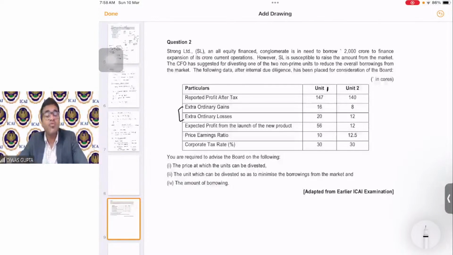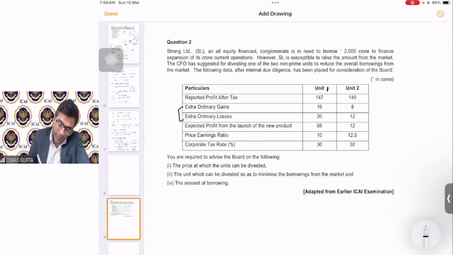These are just one-time gain or loss. Expected profit from the launch of new product. This will be an incremental amount from year onwards. Price earnings ratio, corporate tax rate. You are required to advise the board on the following: the price at which the units can be divested.